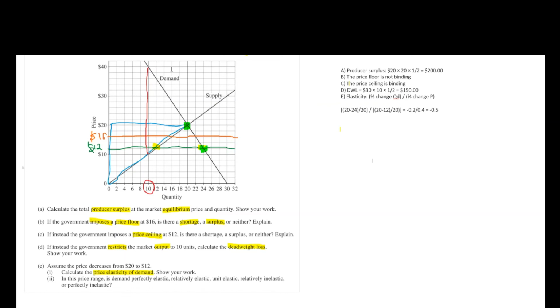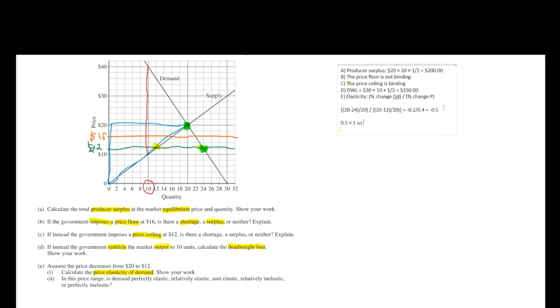Now remember, this would be the second part of the question: anything less than 1 is relatively inelastic. Anything greater than 1 would be elastic. So in this case, we could just say something like 0.5 or 1/2 is less than 1.